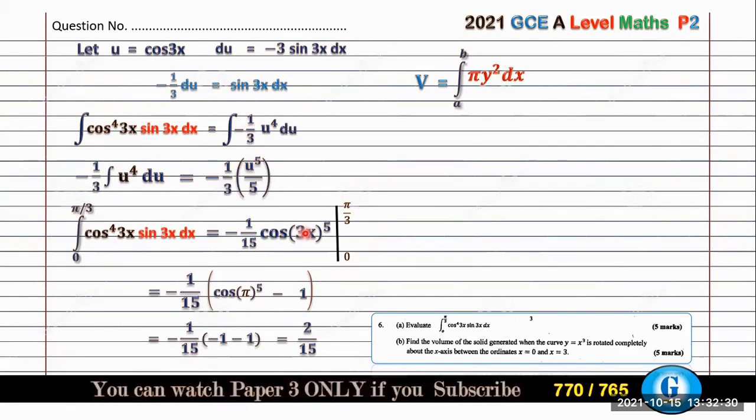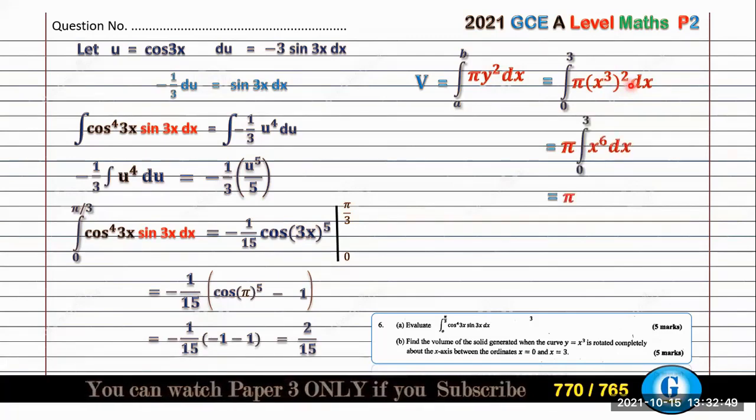Our a here is equal to 0 and our b is equal to 3. Our y is x to the power 3, right? So this will give us the integral from 0 to 3 of pi times x to the power 3 all squared dx. This is pi times the integral from 0 to 3 of x to the power 6 dx, which will be equal to pi into x to the power 7 on 7 from 0 to 3.